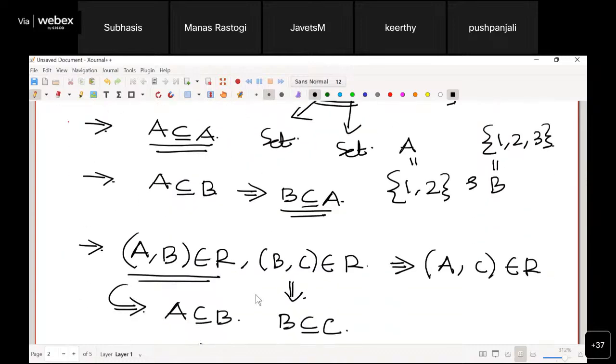So for transitivity, we first need to assume that this holds.